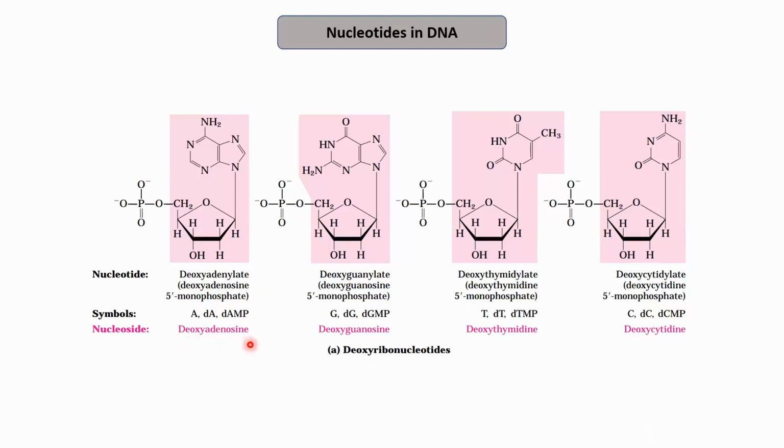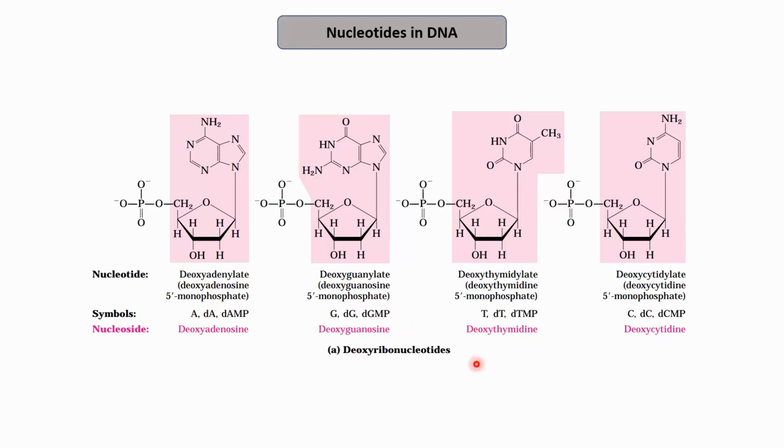The nucleoside is deoxyadenosine, and the nucleotide is deoxyadenylate, also known as deoxyadenosine 5' monophosphate. Similarly, we have the guanine molecule. The nucleoside is deoxyguanosine, and the nucleotide is deoxyguanylate, or deoxyguanosine 5' monophosphate.